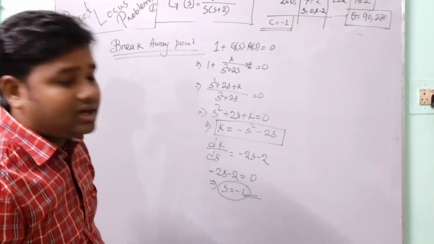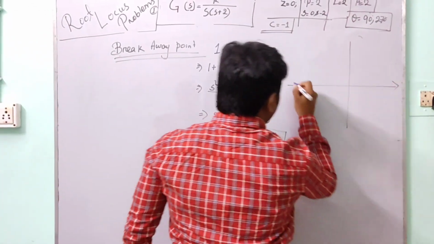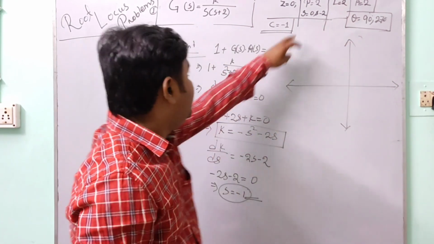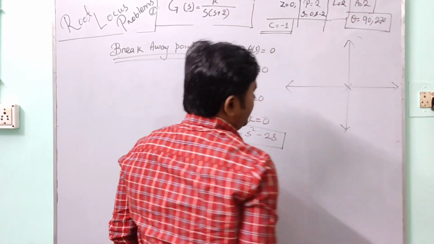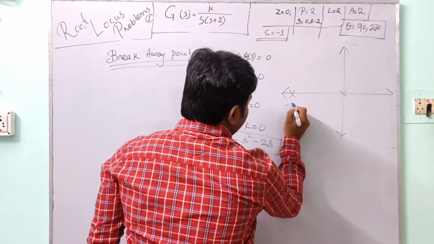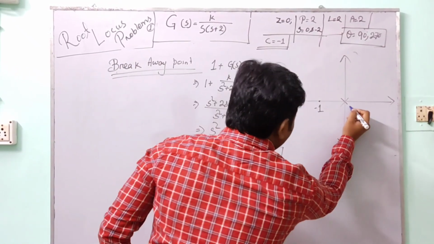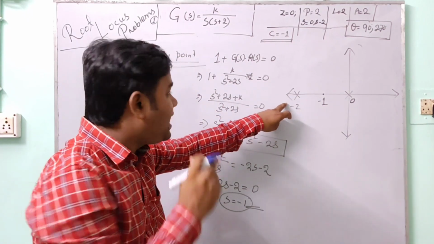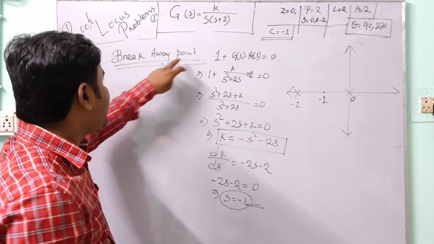Now I will draw the graph. The poles are at s is equal to 0 and s is equal to minus 2, and this point is minus 1. So at s is equal to 0 one pole is present, at s is equal to minus 2 another pole is present, and s is equal to minus 1 is the breakaway point.